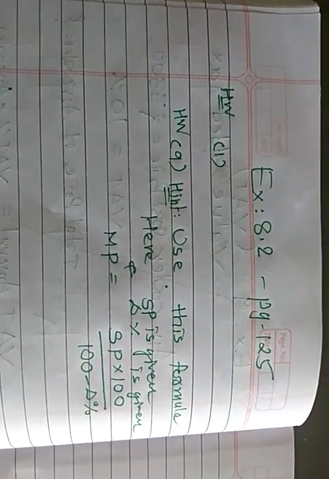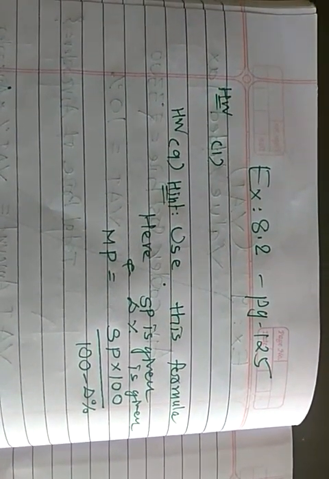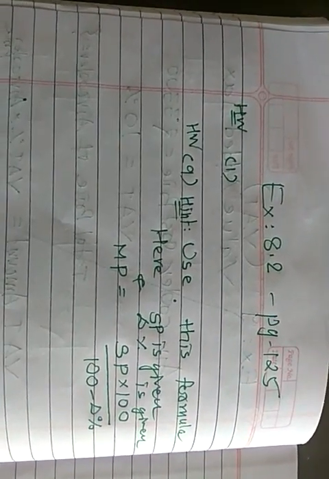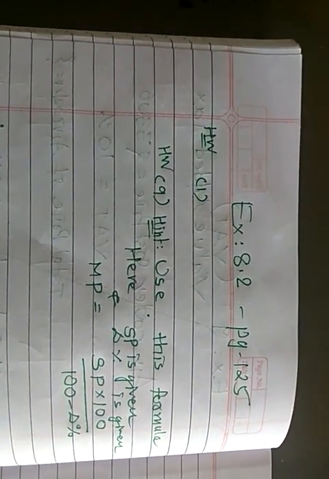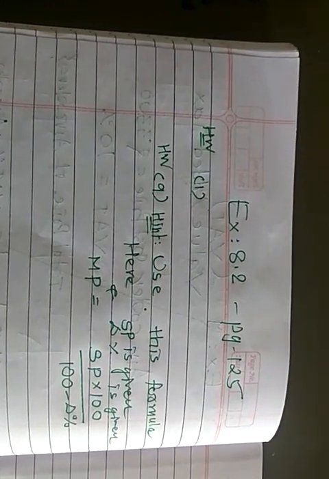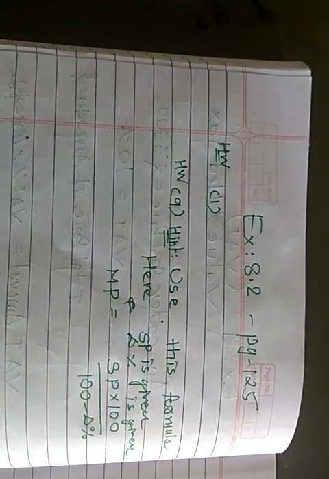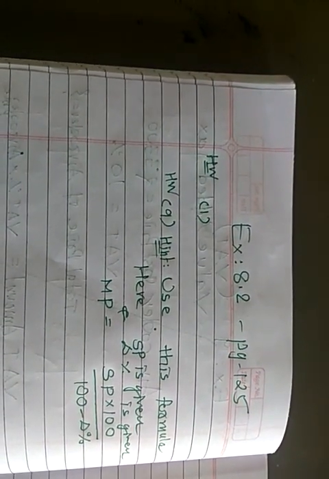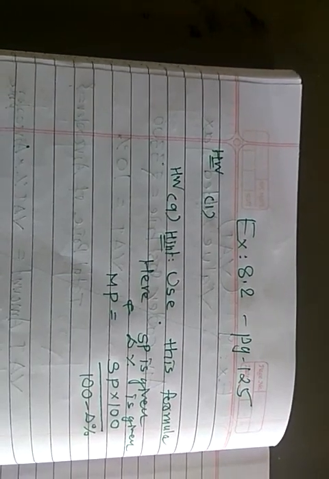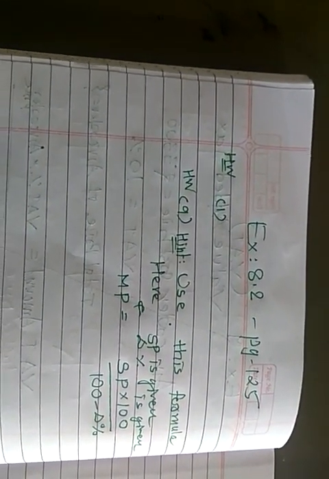Here is exercise 8.2, page number 125. Up till now, the same type of sums that I have explained are taken from exercise 8.2. Actually there are different types of methods and different types of sums. So I have taken these first, so that at least you can do the same type of sum and get confidence.